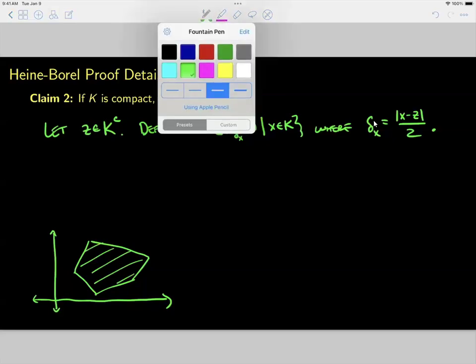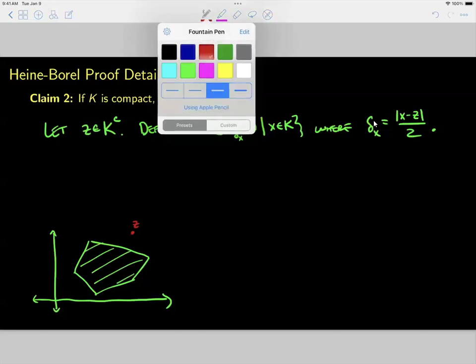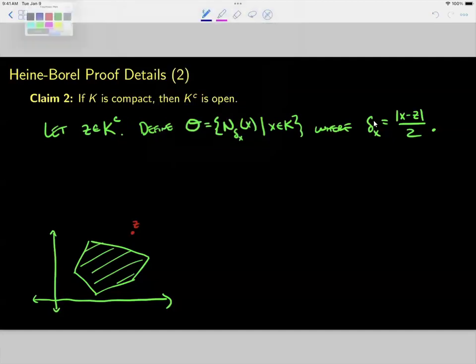And what I'm trying to do is show K complement is open. So I have some point Z here. Now, I'm going to define an open cover of K. What I'm doing here is I'm looking at every point X that's sitting inside my set here. Blue is maybe not very easy to see. Let's try yellow.